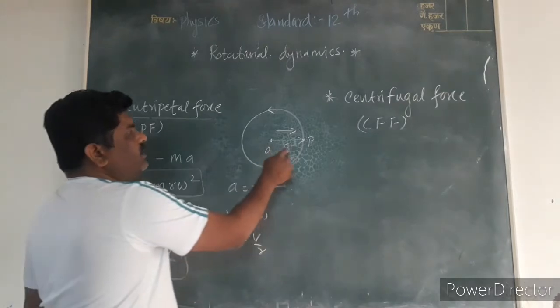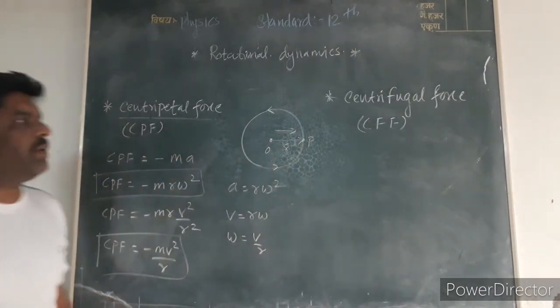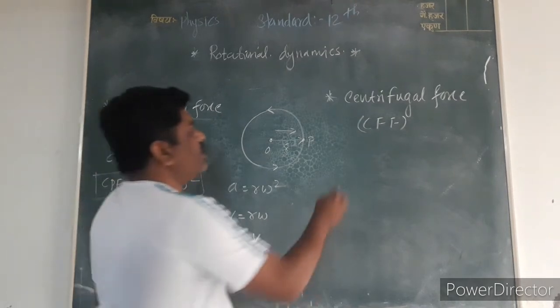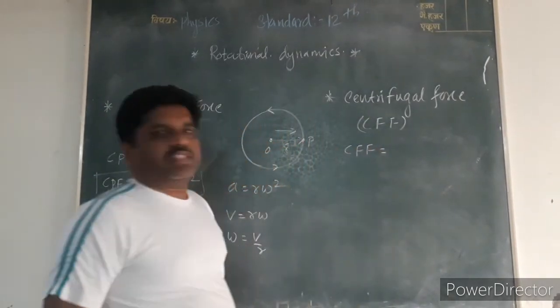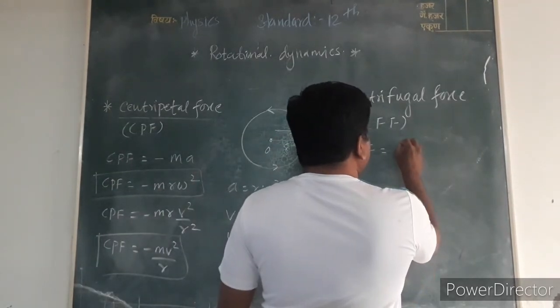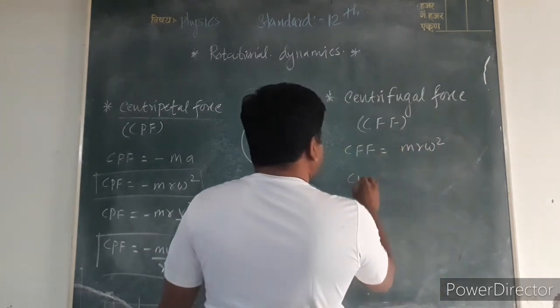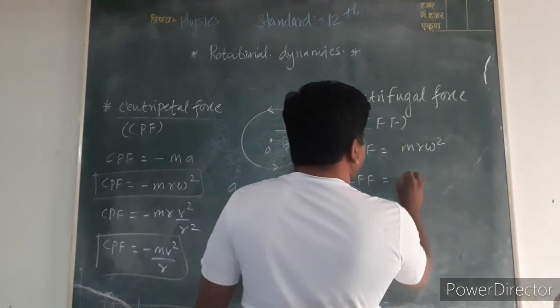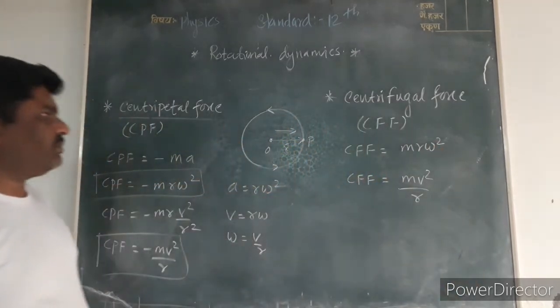That is, in this case, the radius vector and the force are in the same direction. Therefore, the centrifugal force CFF is equal to plus m r omega square, or centrifugal force is equal to m v square upon r.